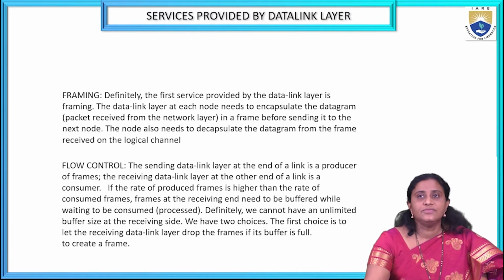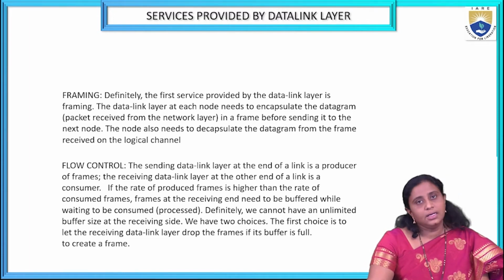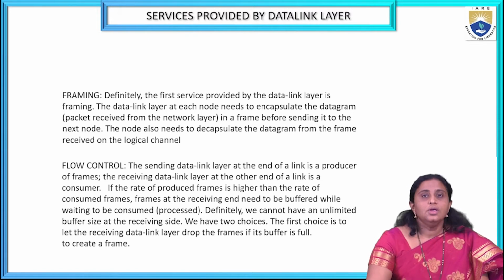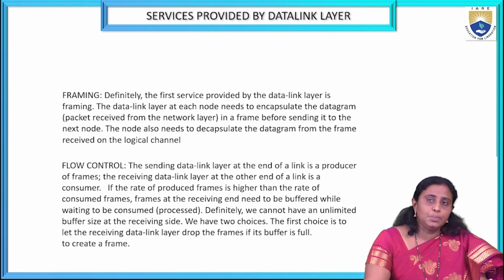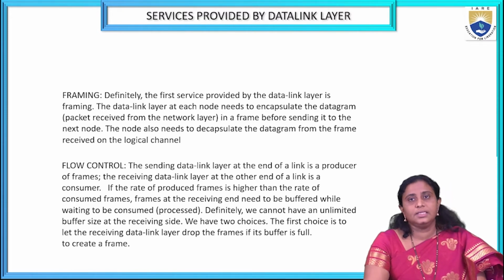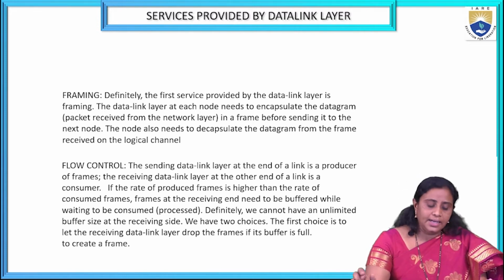Coming to the services provided by the data link layer: the first is framing, then flow control, error control and congestion control. The first service provided by the data link layer is that the data link layer at each node needs to encapsulate the datagram.